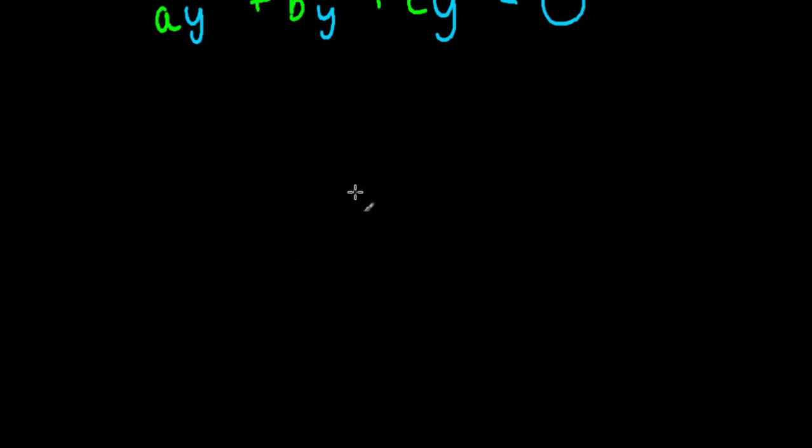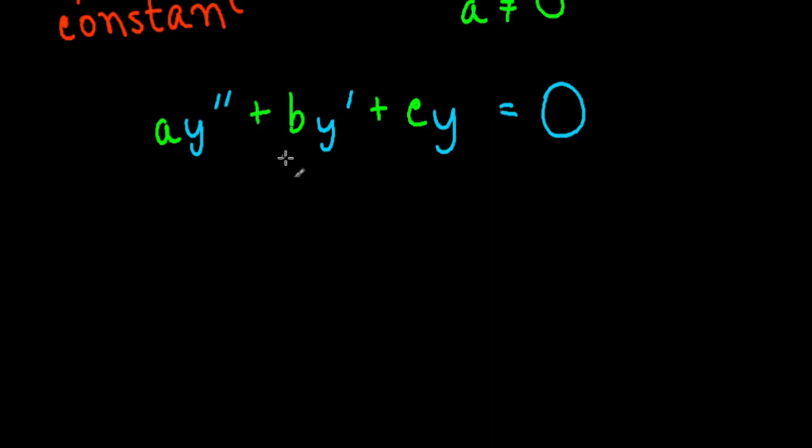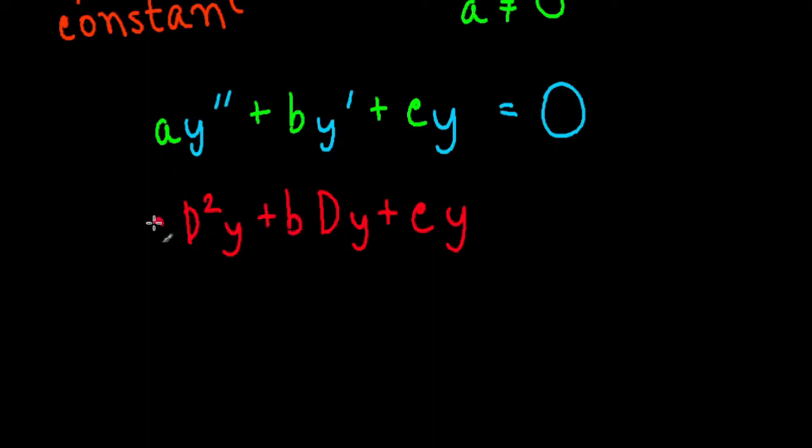The one I'm talking about is, as we talked about before, y double prime, we can write this as d squared y. y prime we can write as dy, and y is obviously just y. And so this equation is gonna be c y, you have a b here, and you have an a here, and all of that is equal to zero.